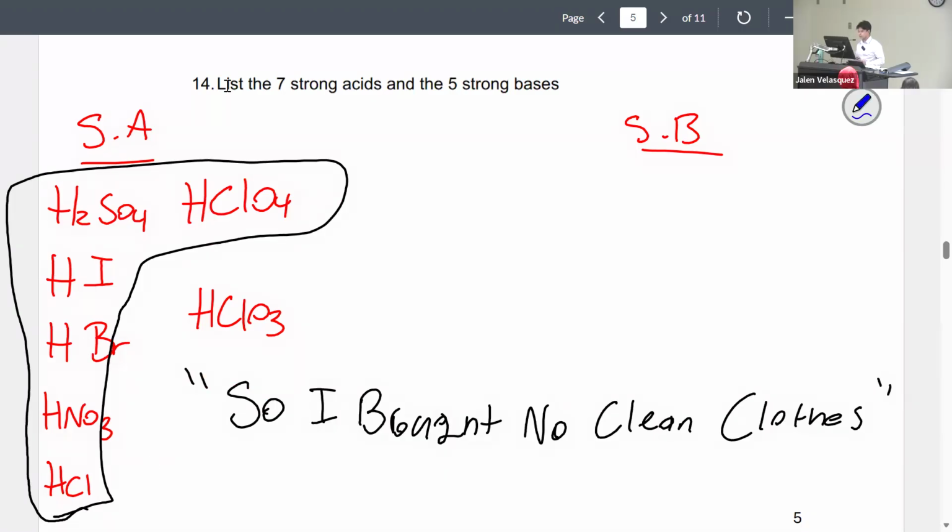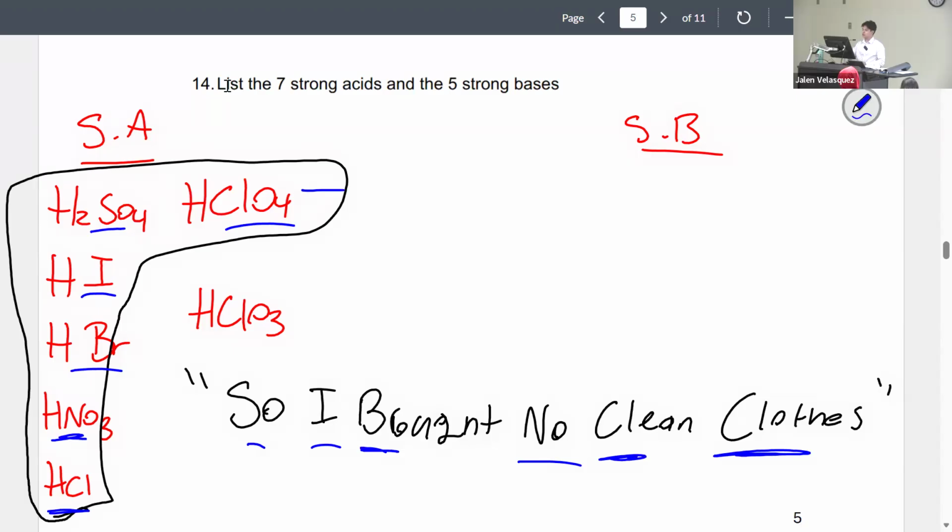So, for sulfuric, I is hydroiodic, brought, the Br, is hydrobromic, no is nitric. The Cl for clean is hydrochloric, and then ClO, the clothes, is perchloric. And then this extra one is chloric.